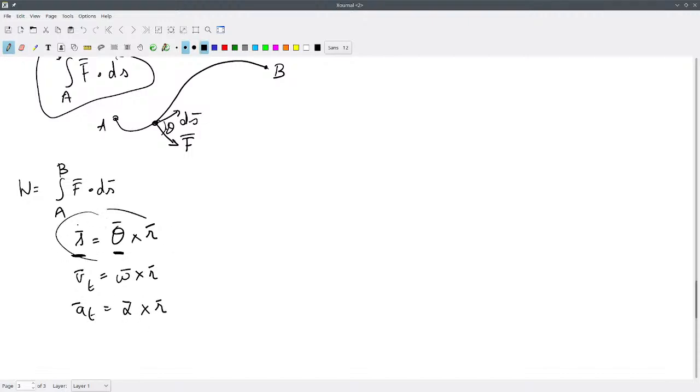So we're going to use the first one here, because if that is s, then ds will be d theta cross r, where I've made a little bit of a simplification because I've assumed that dr is equal to 0. Since we're in rotational motion, this makes sense, because any dr will be along the r direction.